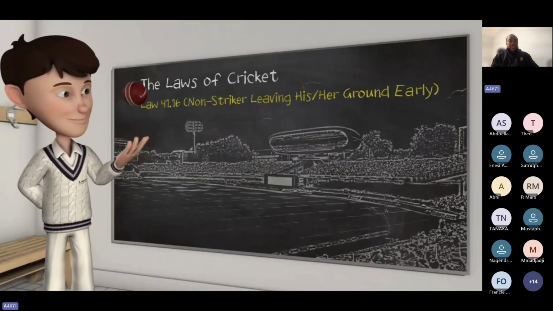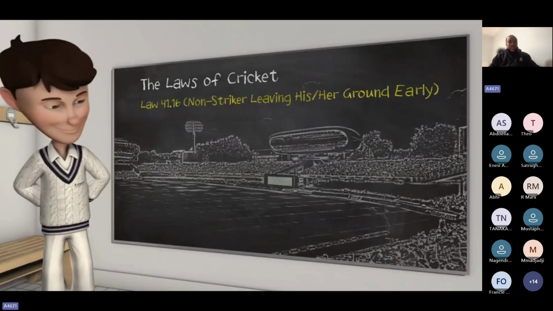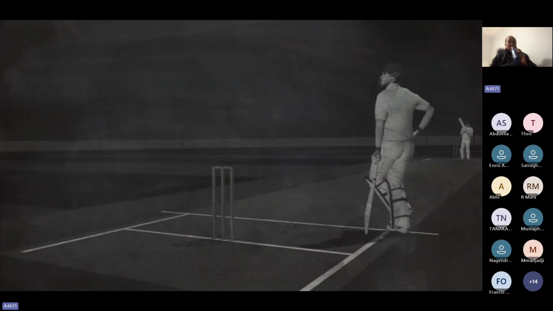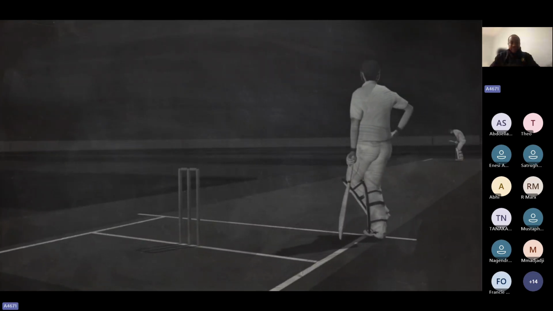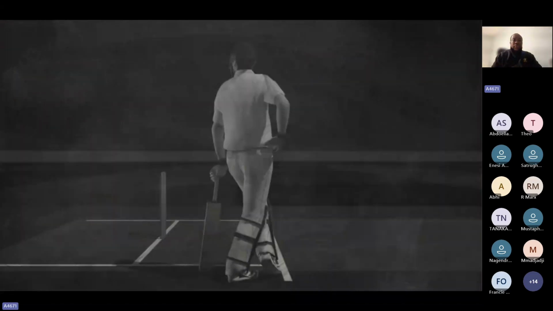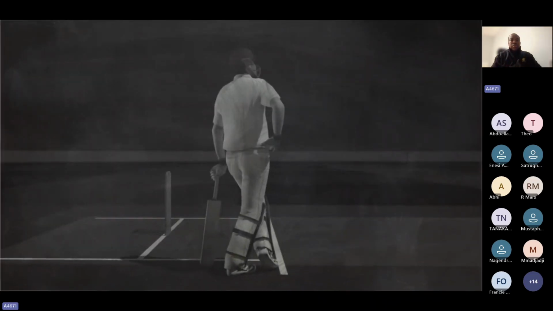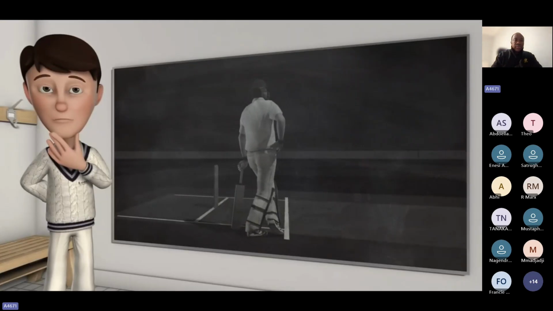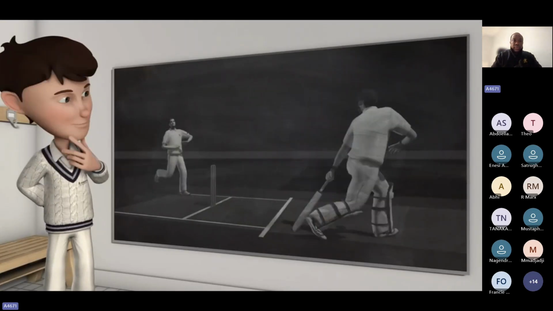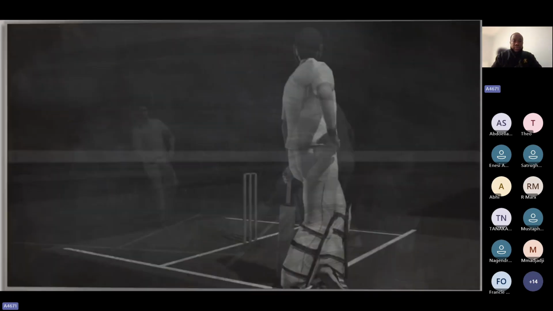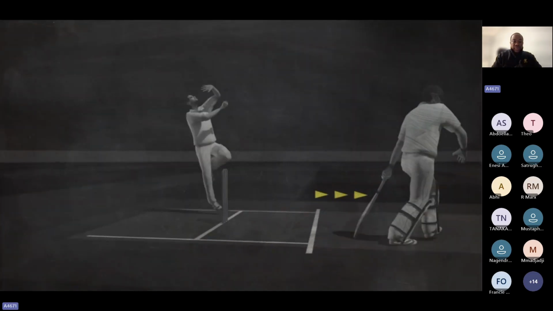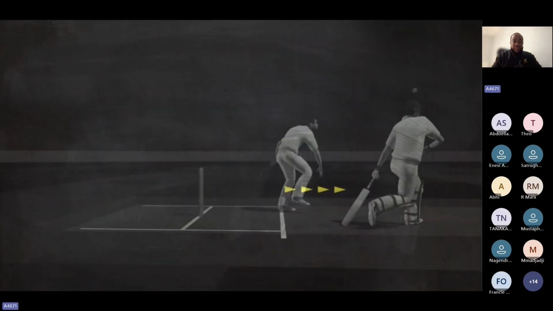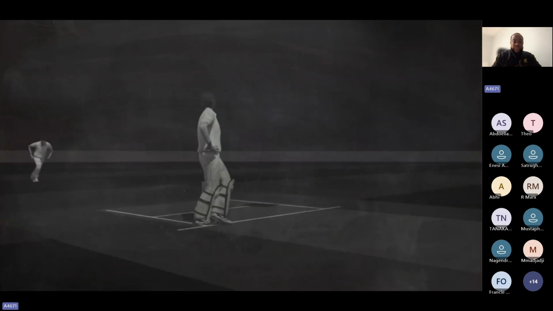Running out the non-striker. Running out the non-striker occurs when a bowler runs out a batsman who has strayed too early out of the popping crease by removing the bails. It is a much debated form of dismissal, with some suggesting that a warning should be given. However, leaving his or her ground early is an attempt by the non-striker to gain an unfair advantage, and it puts a batsman at risk of getting out.